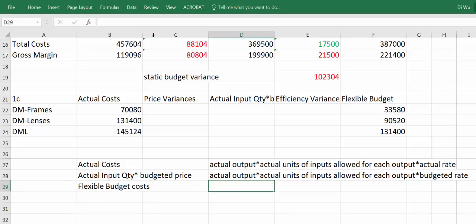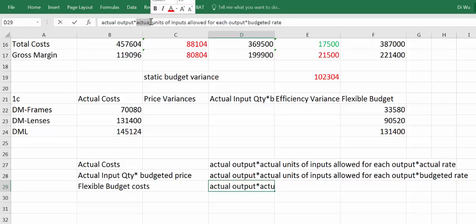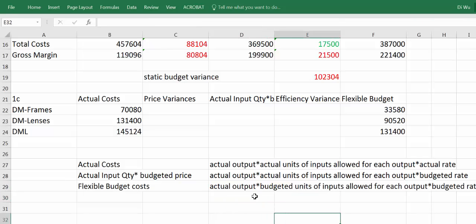For the flexible budget, once again it's very similar, and I'm going to copy that down, except we have two budgeted. So we have three actual here, then actual, actual, budget.